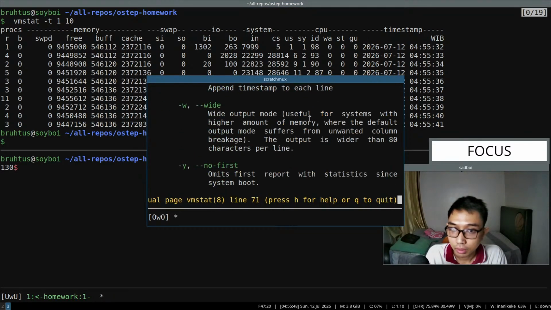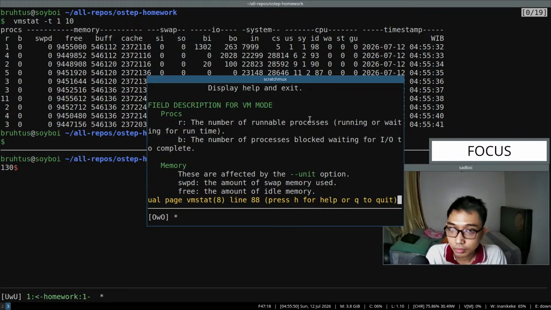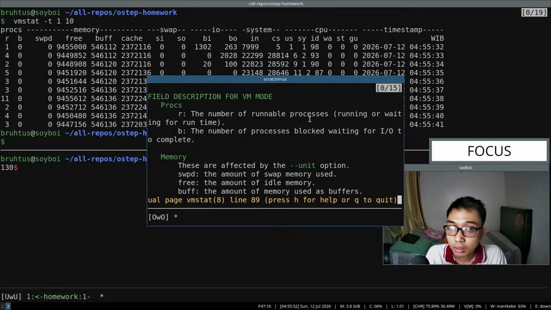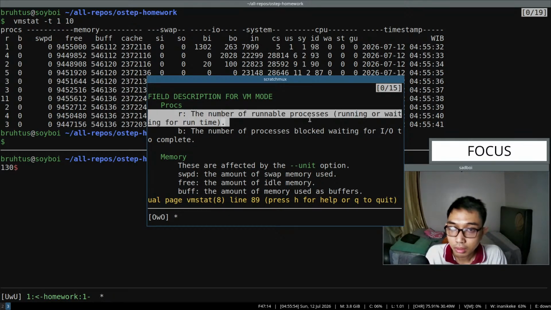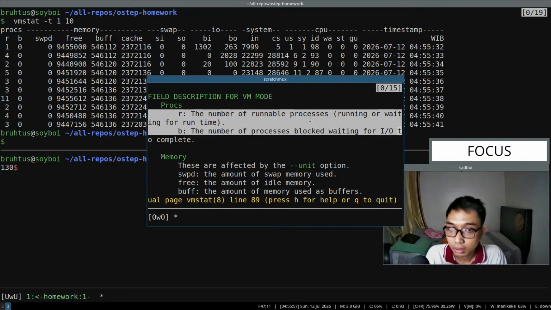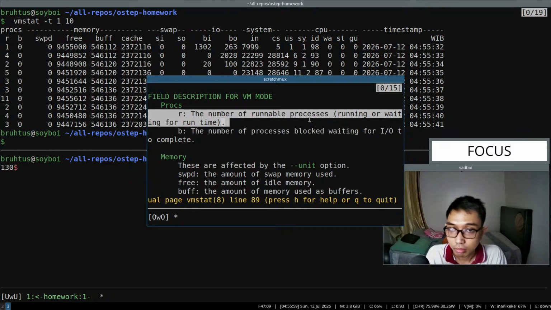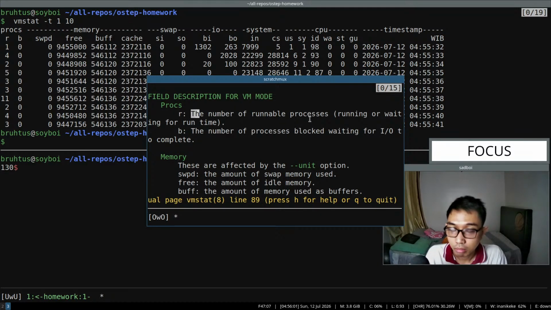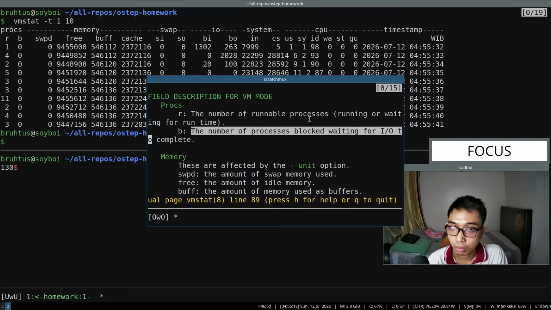What is the information again? Procs is the information about the number of runnable processes, I assume after the input output, maybe something like that. And then B here is the number of blocked processes waiting for the input output to complete.